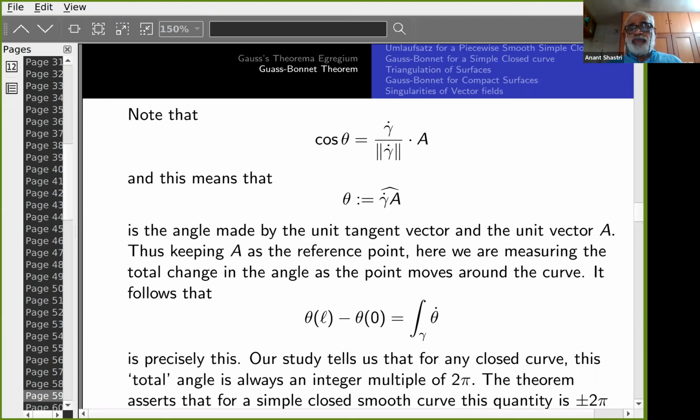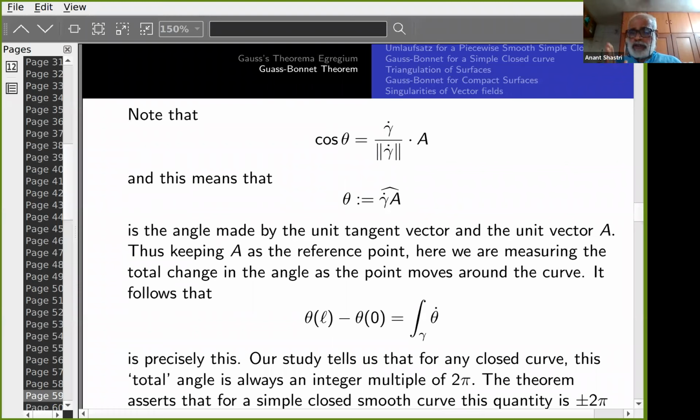Whereas for a simple closed curve, what happens is the person moving along the simple closed curve, keeping his eye always in the tangential direction, will be turning himself exactly once, maybe in the clockwise direction or in the opposite direction. This is the meaning of Hopf's Umlaufsatz.